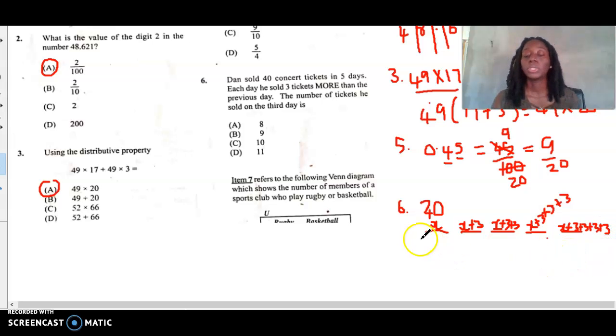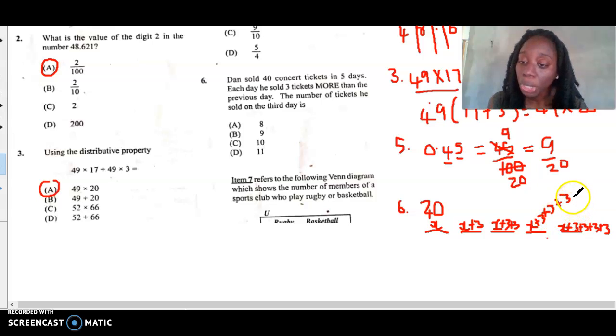Alright, so on day 1 I don't know how much he sold. Day 2 he sold 3 more. Day 3 he sold another 3 onto that which was sold on day 2. On day 4 he sold 3 more than day 3.